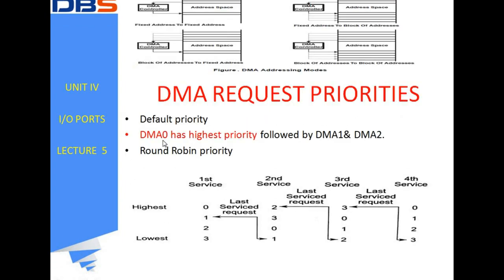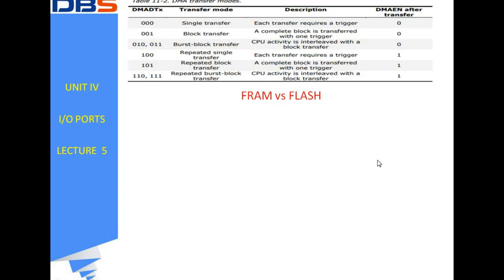That means here DMA0 has the highest priority, followed by DMA1 and DMA2, direct memory access 2, and it is in a round robin priority. See here, first we serve this one, then the next one, then the third one in sequential order, and we will have some more data transfer modes.